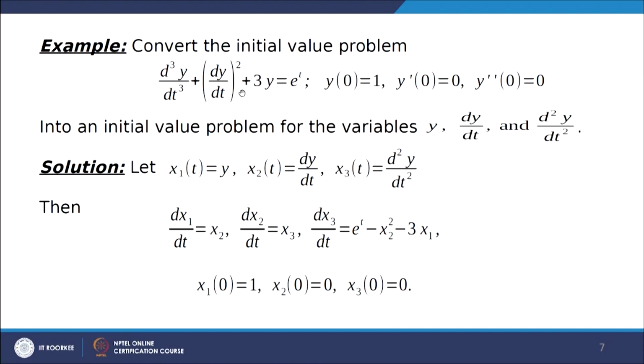So, we get dx_3/dt equal to e to the power t minus x_2 square minus 3x_1.